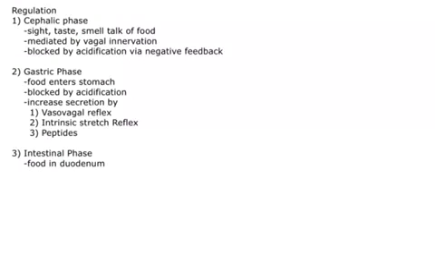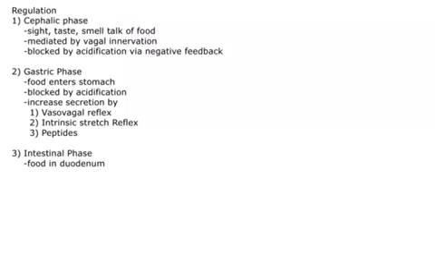So we have to have a way of regulating our acid secretions as well. And it's important to know the 3 phases of these acid secretions. We have the cephalic phase, the gastric phase, and the intestinal phase. The cephalic phase is the secretion of acid when there's the sight, taste, smell, talk of food.